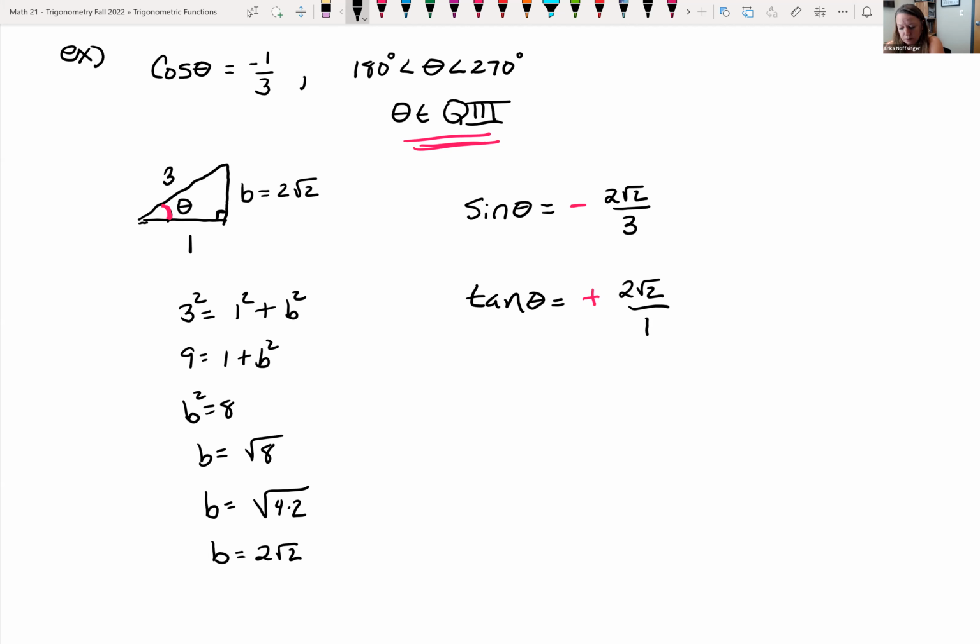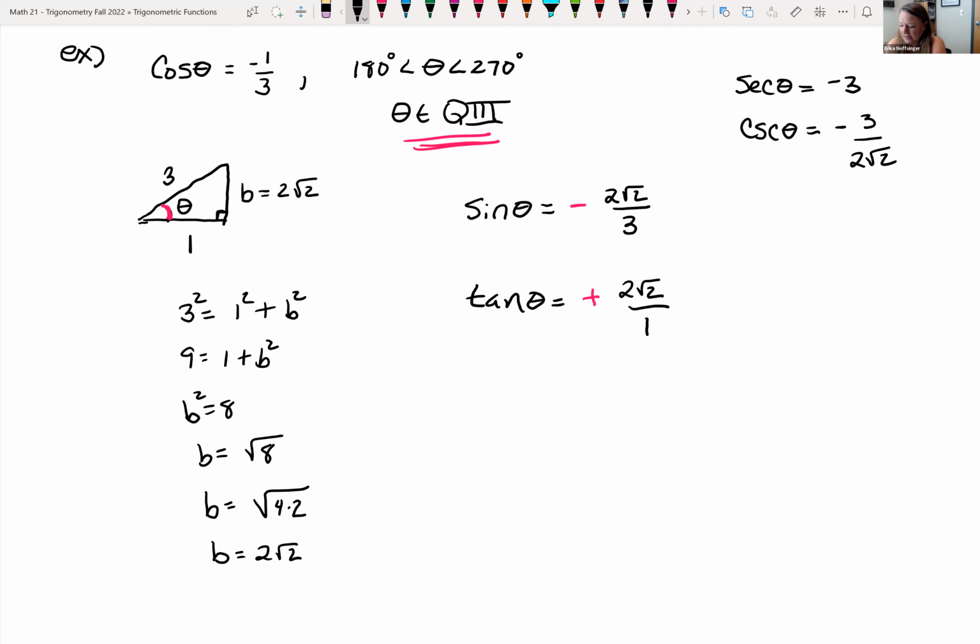So looking at my reciprocal functions, the reciprocal of cosine theta is secant theta. So secant theta, the reciprocal of negative 1/3, is negative 3. Cosecant theta, which is the reciprocal of sine theta, that's going to give me negative 3 all divided by 2 root 2.